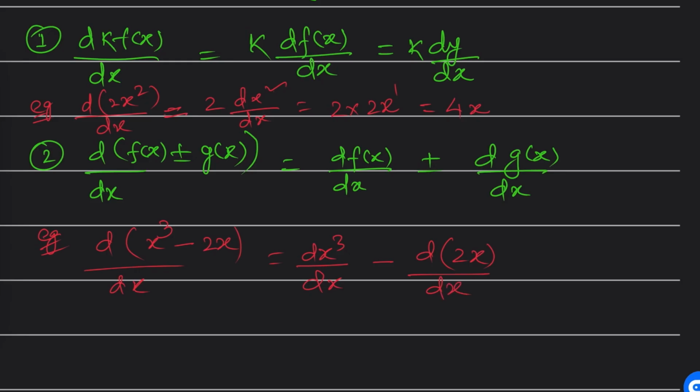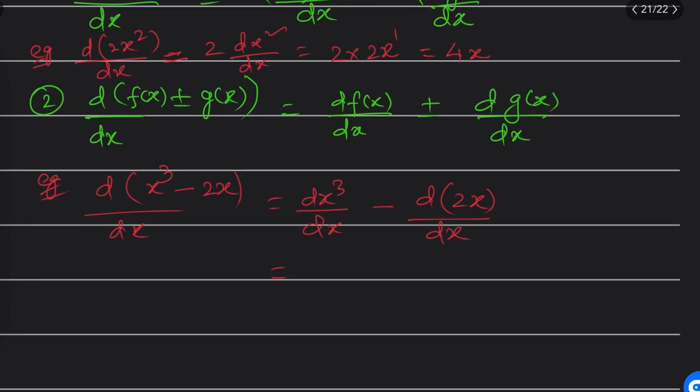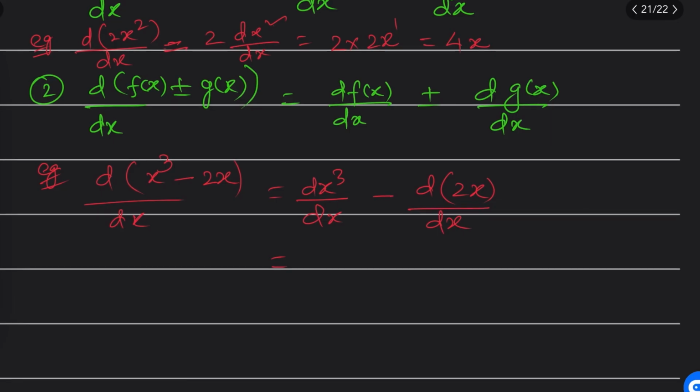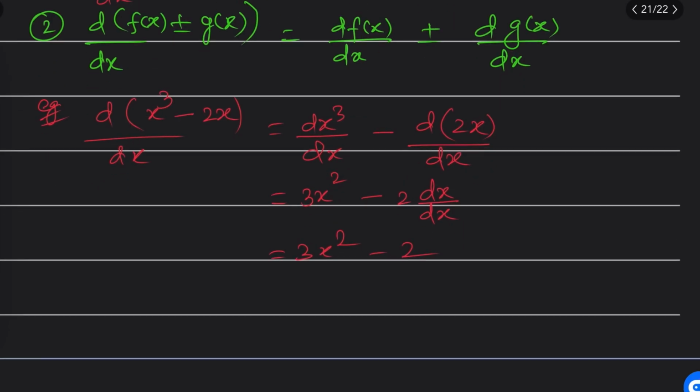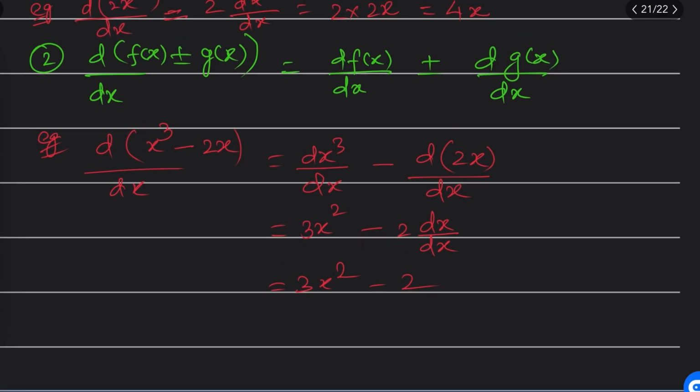Here you need to differentiate separately and then you can answer. Here x power 3 means the x power n formula, so n x power n minus 1, minus, here 2 is constant, will come out. Dx by dx is 1. So you can write 3x square minus 2, 2 into 1 is 2. Keep in mind it is square, minus 2. So this is the answer. Isn't it easy? Actually differentiation is easy if you understand the rules.